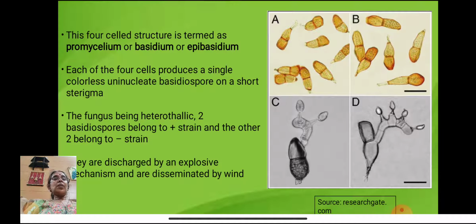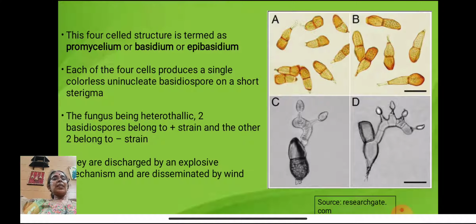You can see in figure D that from one cell of the teleutospore arises a 4-celled structure, which is called the promycelium or basidium, or also the epibasidium. Each of the 4 cells produces a single colorless uninucleate basidiospore on a short sterigma.